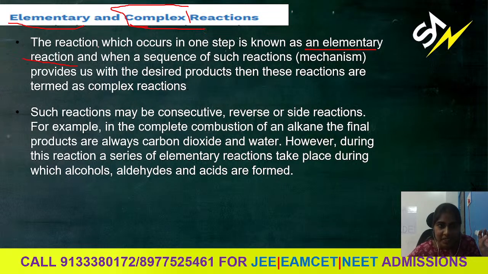So let's see, the reaction which occurs in one step is known as an elementary reaction, and when a sequence of such reactions provide us with the desired products, then these reactions are termed as complex reactions. A group of elementary reactions which help us with desired products in a reaction, such type of reactions are called complex reactions.